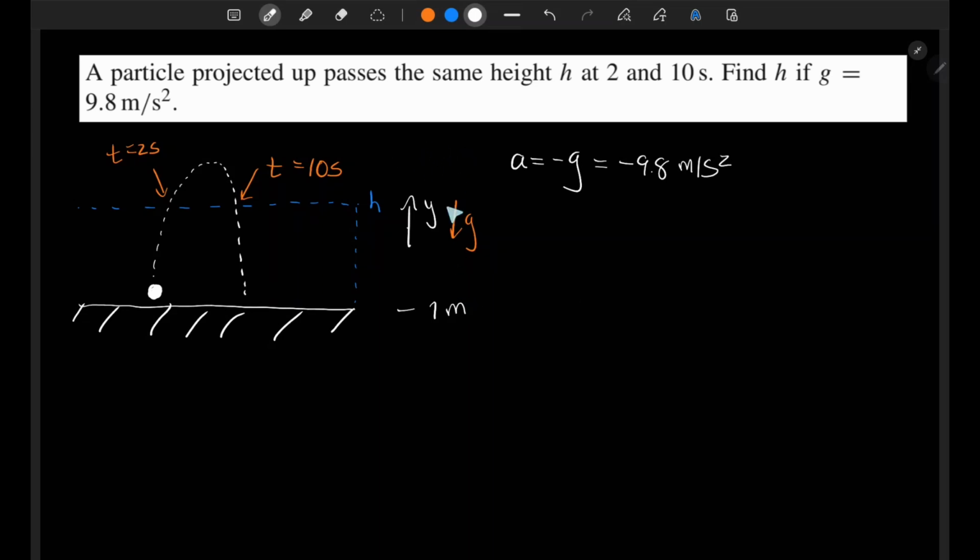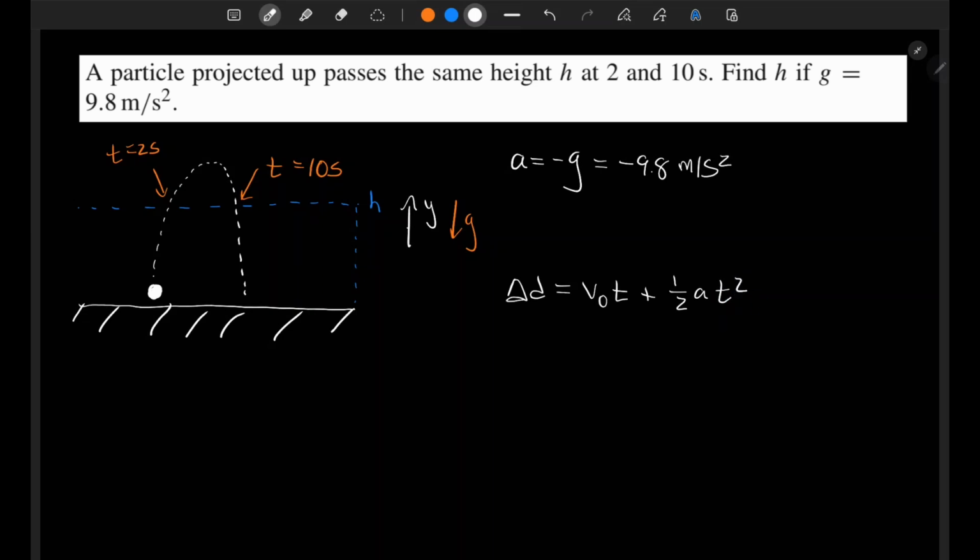So that's the positive y direction. And since gravity always pulls things down towards the ground, gravity must be negative because it acts in the negative y direction.